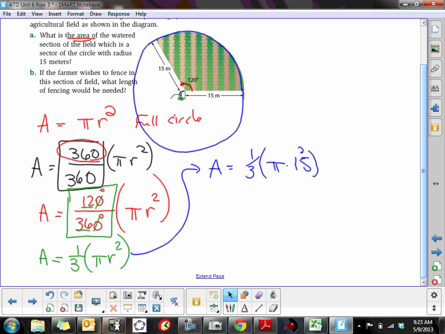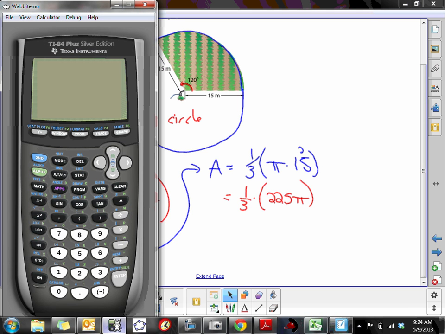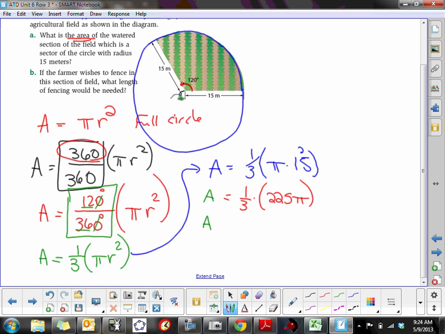So we're going to take our 15 squared, which is 225, so 1/3 times 225 times pi, and our exact answer will be taking 225 divided by 3. A third of 225 is 75 pi. So the exact area would be 75 times pi.